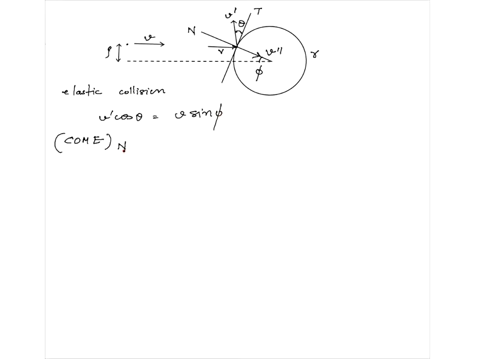So let's see. Masses of these two are equal. Masses are not given, but they are equal. So mV, which component along N? Cos phi.